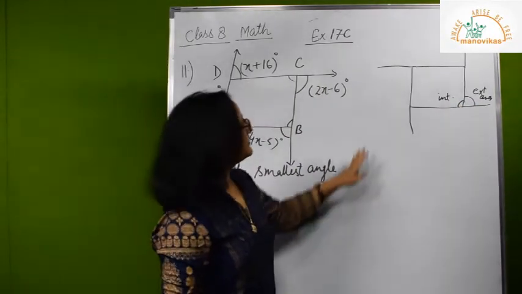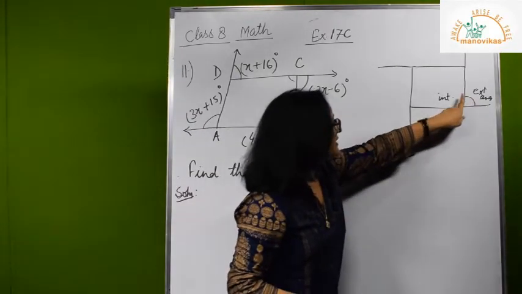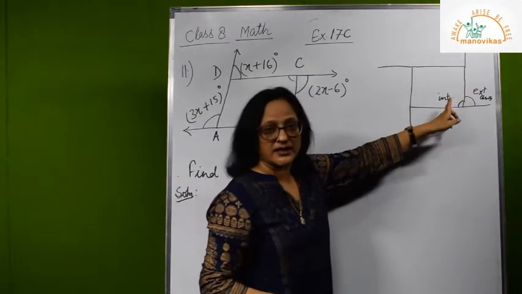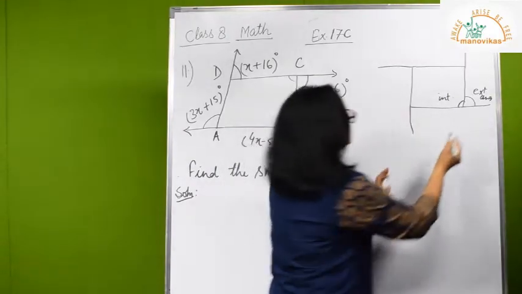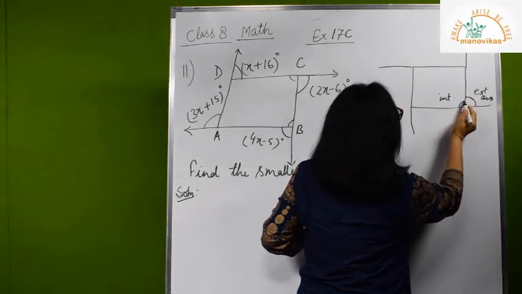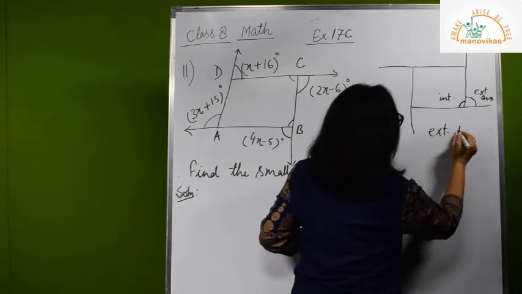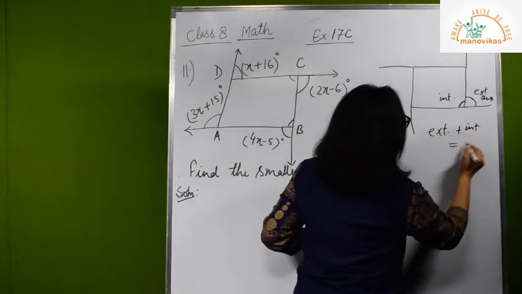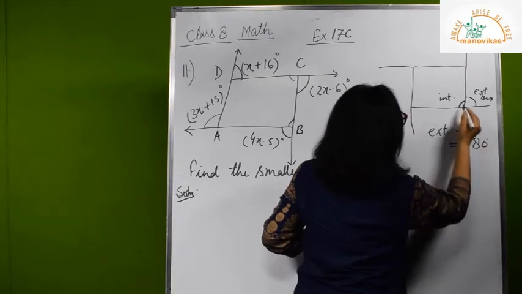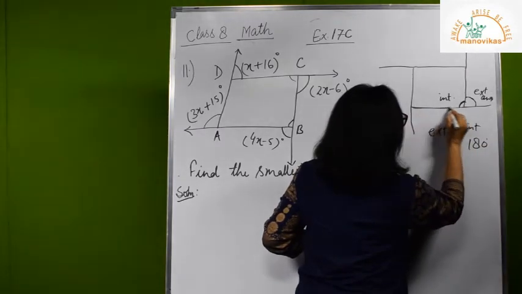So if you remember, in one video I explained the relation between exterior angle and interior angle. If you add both these angles, exterior angle and interior angle, the sum is equal to 180 degrees because this is a straight line.